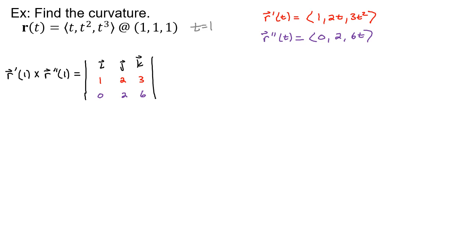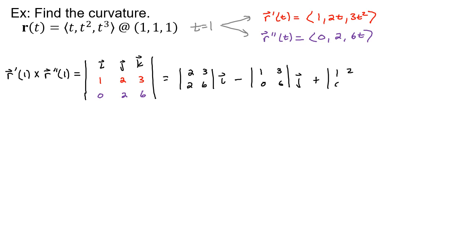And those numbers I got from plugging this t value into both the r prime and the r double prime. And then it just makes it so much easier to work with numbers. So your i will use the 2, the 3, the 2, and the 6. The j will use the 1, the 3, the 0, and the 6. And the k will use the 1, the 2, the 0, and the 2.